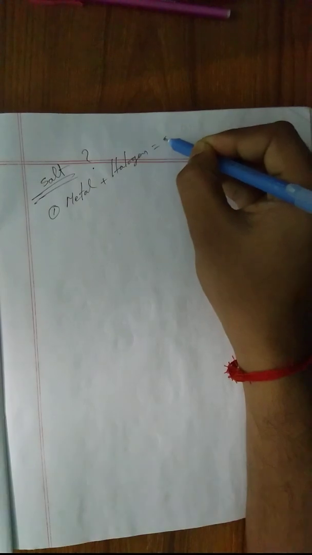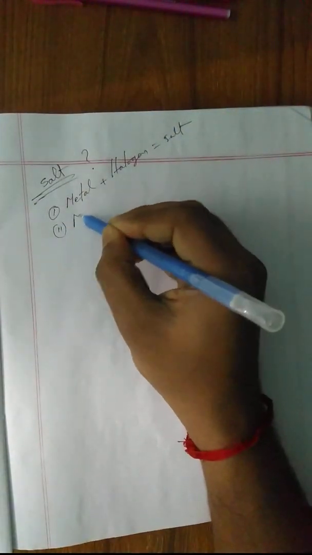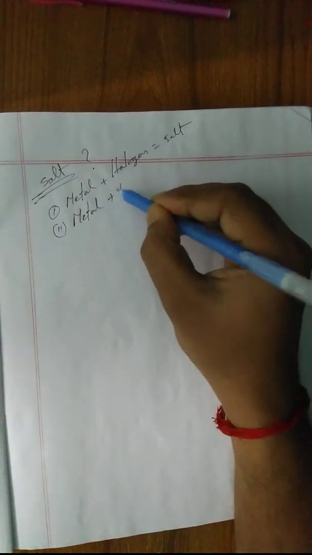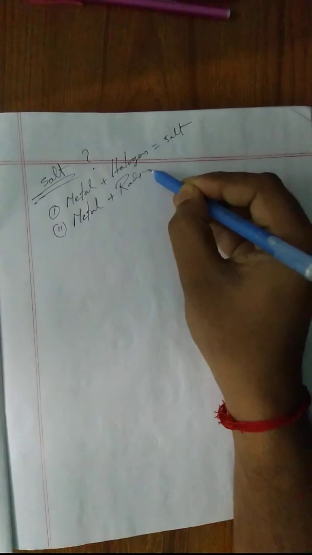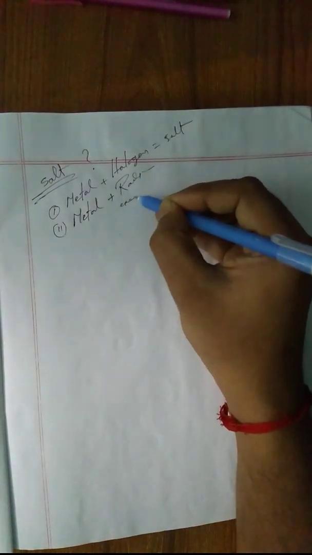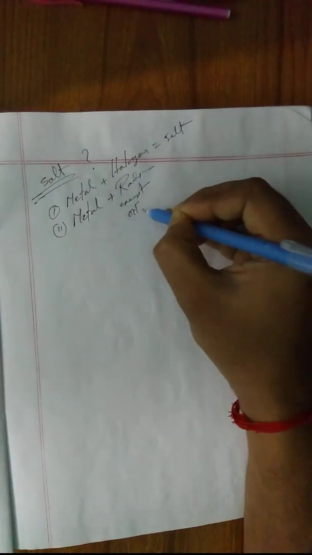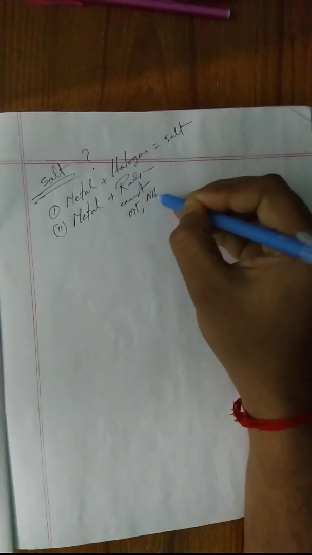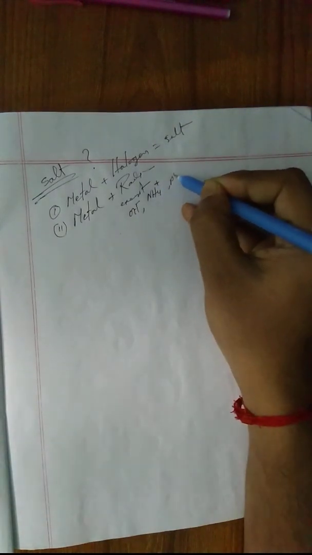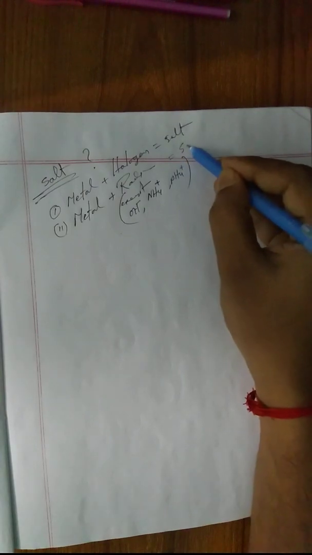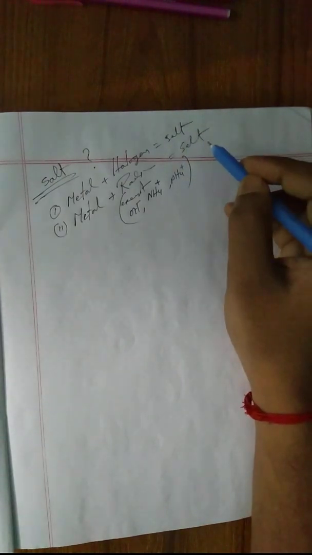This is salt. Metal plus radical, except OH, NH4 plus, PH4 plus. This is also salt.